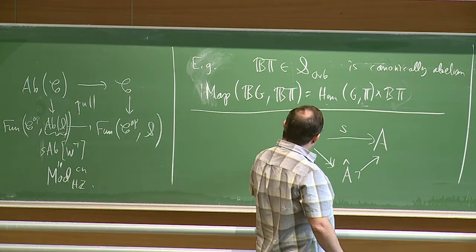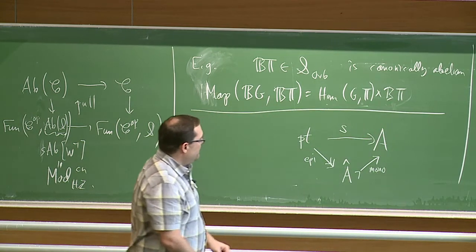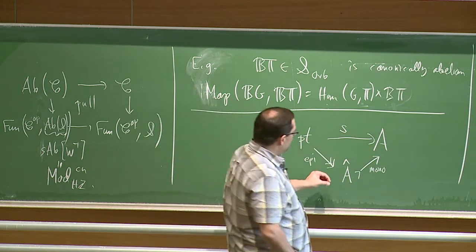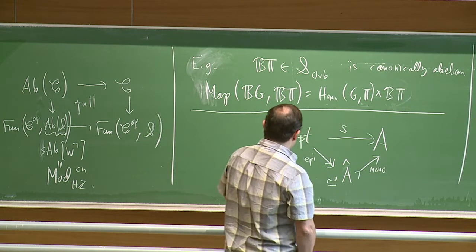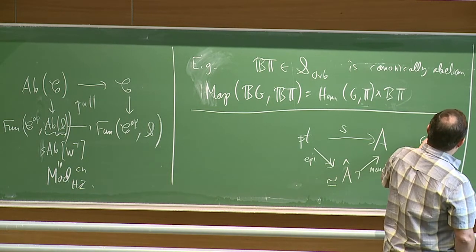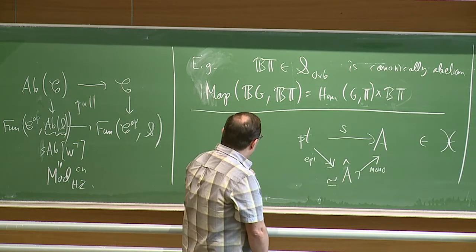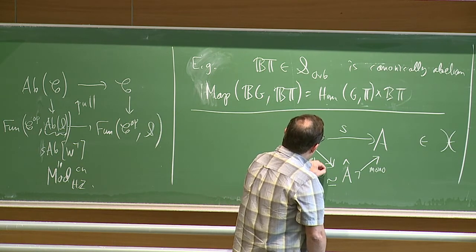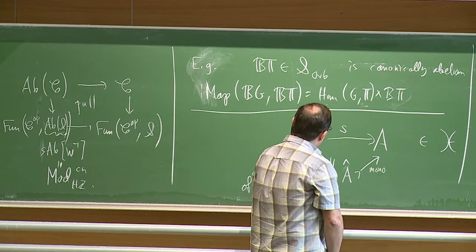So this is an effective epimorphism, and this is a mono. This will have an abelian group structure itself, and let's say this is all going on in a topos X. Then I want this to be identified with the constant sheaf of abelian groups BT.